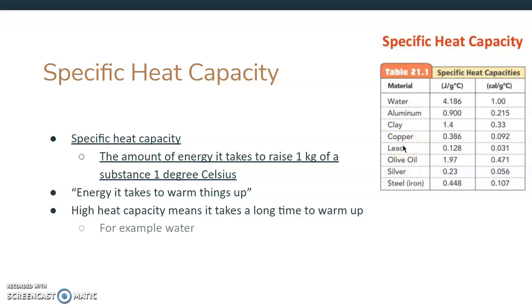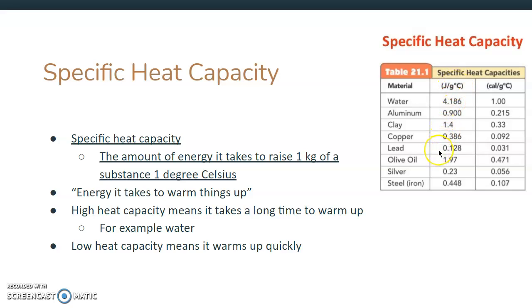The other way around, if we have a low heat capacity like lead, it warms up very quickly. That means we don't have to put much energy in for it to raise 1 gram a degree Celsius.